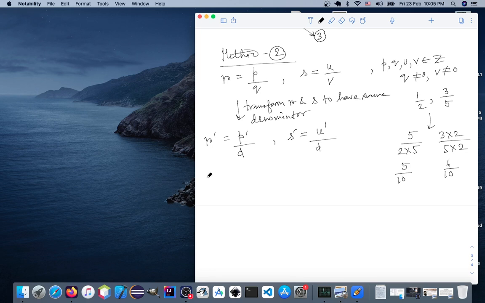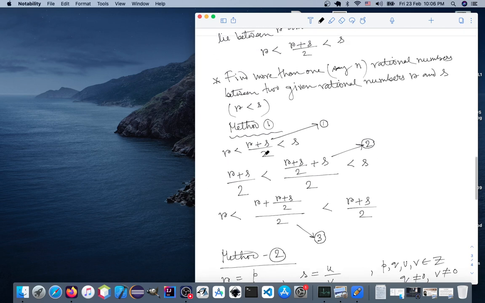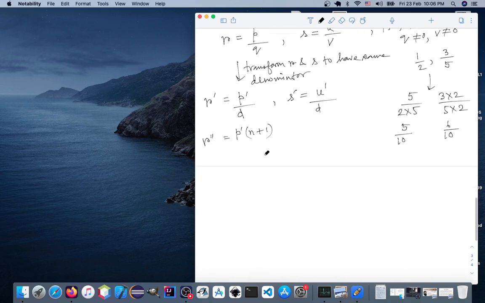another equivalent rational number, let's say r double dash, as p dash into n plus 1, where n is the number of rational numbers we need to find between r and s. So we are multiplying p dash into n plus 1 and also d into n plus 1.